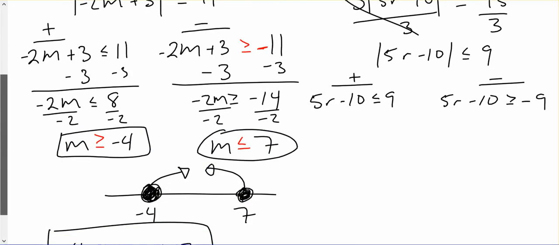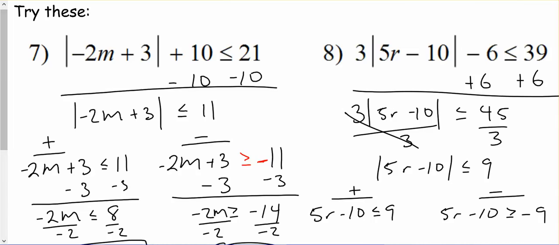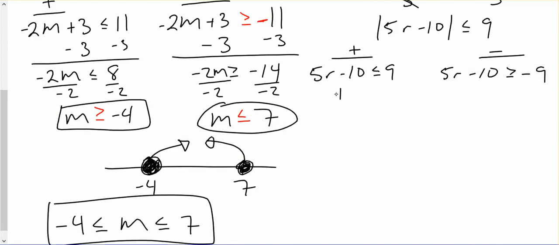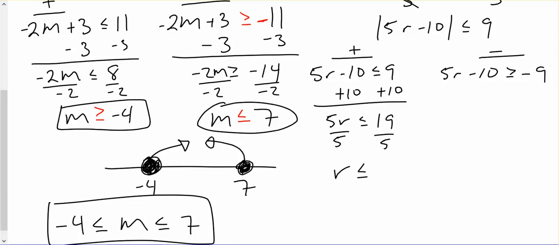So now we're solving this just like we would. We add 10, and add 10. We get 5r is less than or equal to 19. Divide by 5, divide by 5. R is less than or equal to 19/5. Well, that's really close to 20. Or sorry, 4.